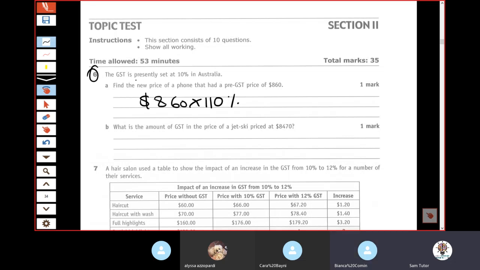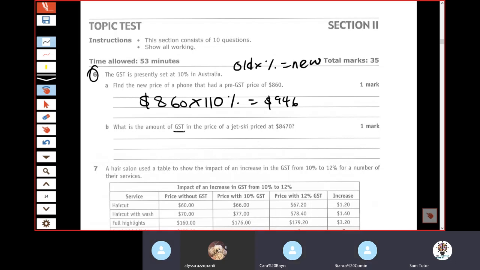Remember, GST is an increase, so you're going to start with 100 and add 10% to 100, which becomes 110%, and that should give you a new amount. The formula we're trying to use is old times percent equals new.